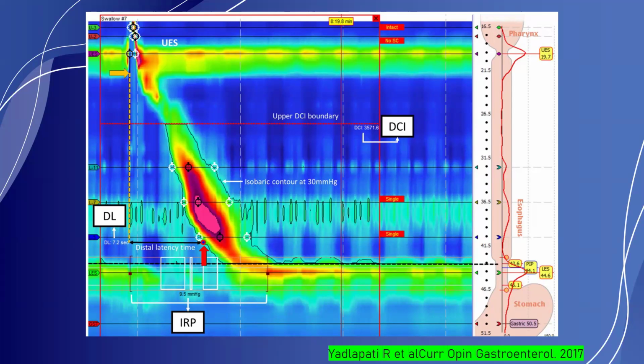It is defined as the interval from the upper esophageal sphincter relaxation to the contractile deceleration point. A distal latency time of more than 4.5 seconds is usually normal, while a shortened distal latency time will indicate a premature spastic contraction. Finally, we have the lower esophageal sphincter, which is another high pressure zone.